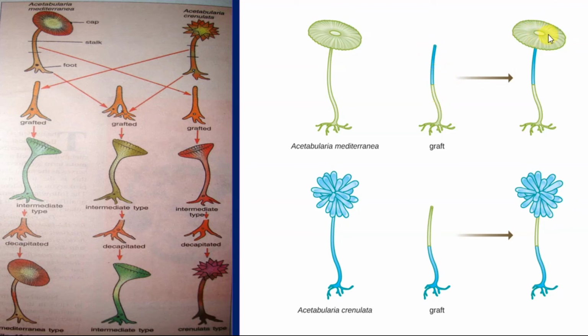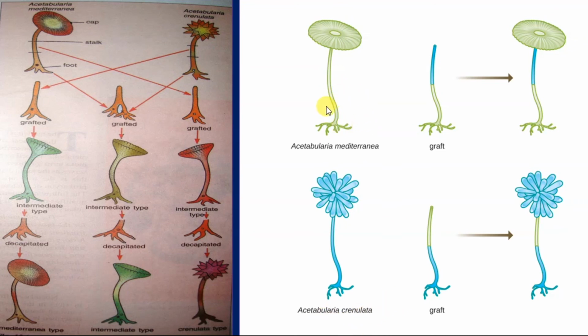Then the final cap is similar to Acetabularia mediterranea. Again, for the grafting of Acetabularia crenulata, you graft this upper part and discard it, then you put a stalk from Acetabularia mediterranea. Then at the end of the day, you get a cap which is similar to Acetabularia crenulata.